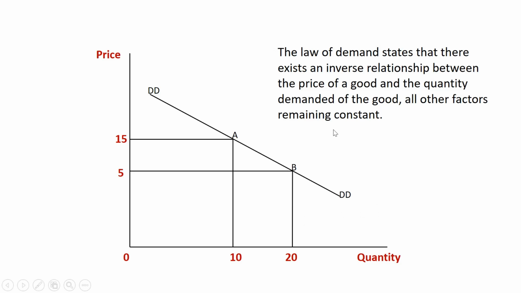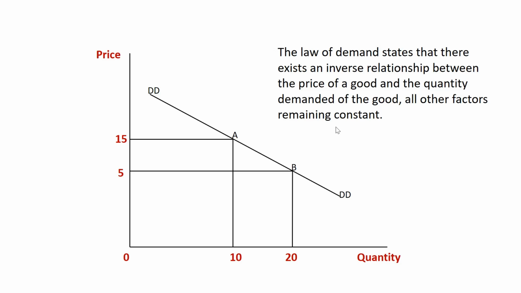What is important to this law is that we have to acknowledge that all other factors are remaining constant. Our duty will be to explore the other factors that are constant for us to be able to understand fully and appreciate why the law of demand holds.